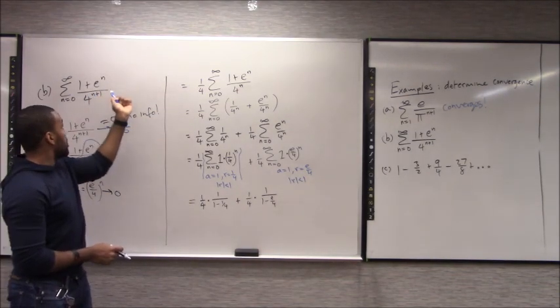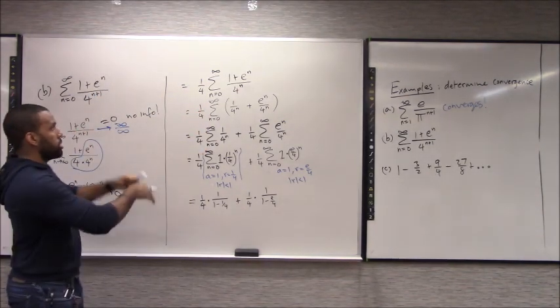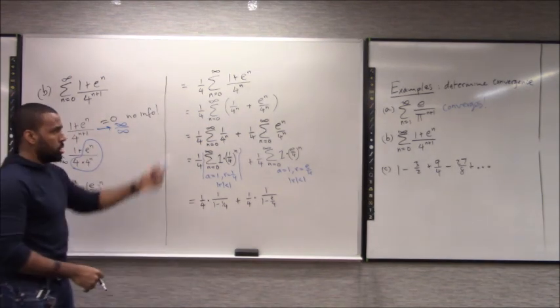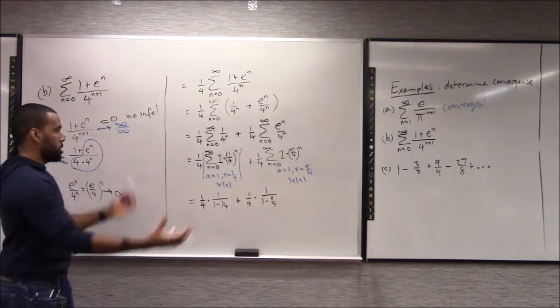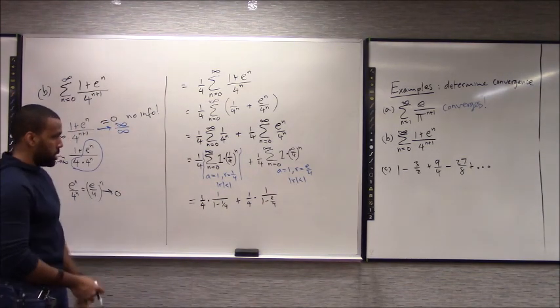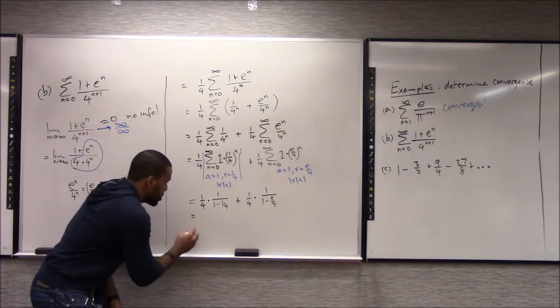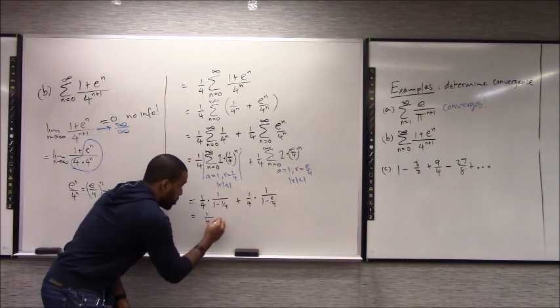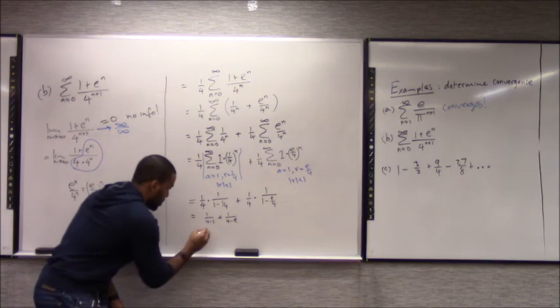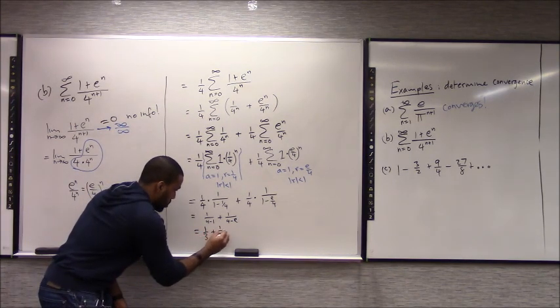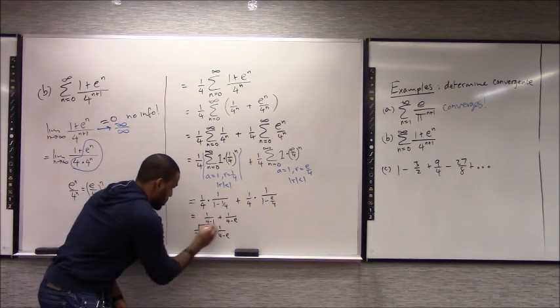This is me just simplifying, factoring out a 4, expanding, this is all actually equal to that. Each of these converge, so it means that the right side converges, it automatically will mean that the left side converges. This will be 1 over 4 minus 1 plus 1 over 4 minus e, or 1 over 3 plus 1 over 4 minus e would be the answer.